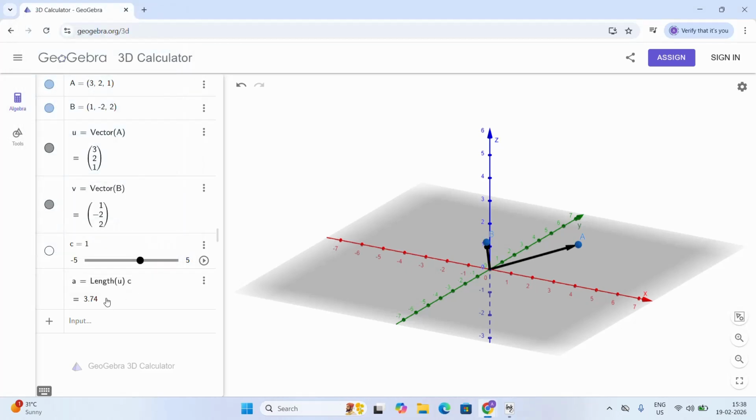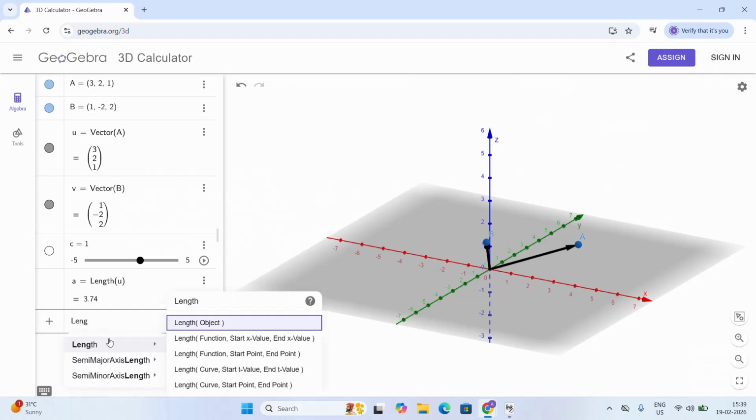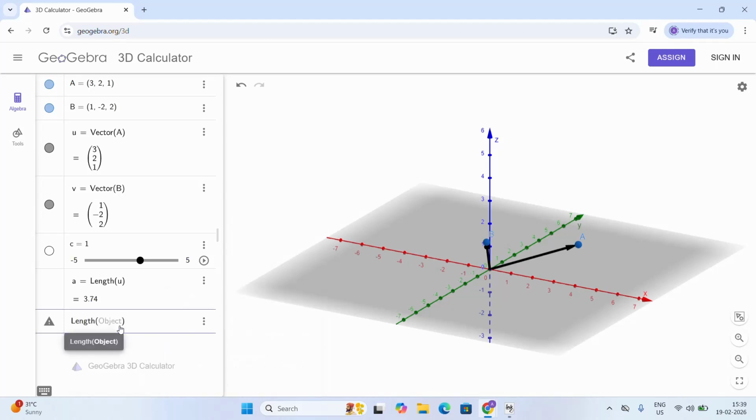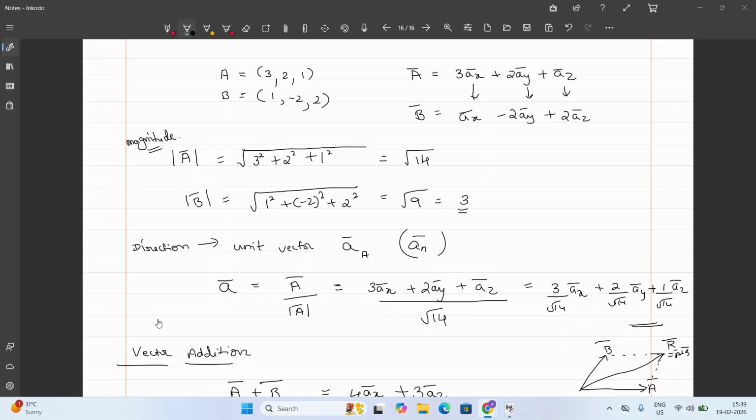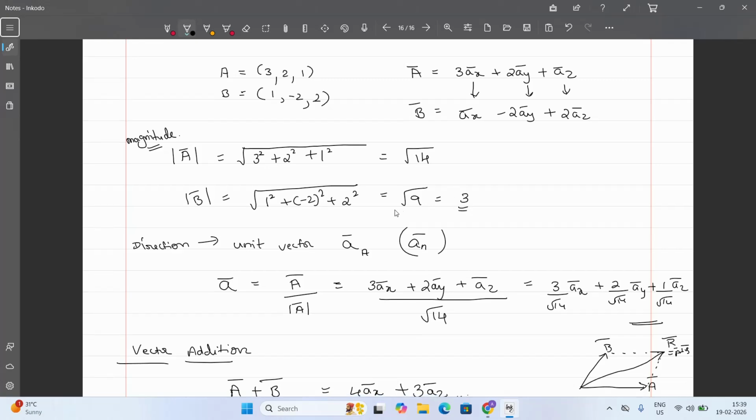So you're getting the length of U as 3.74. The second parameter, similarly, if you want, you can find the length of the second vector also. Length of the object. The second vector is now V. Okay. For the second vector, you have got the answer as 3. You can see we got 3 for the second one.